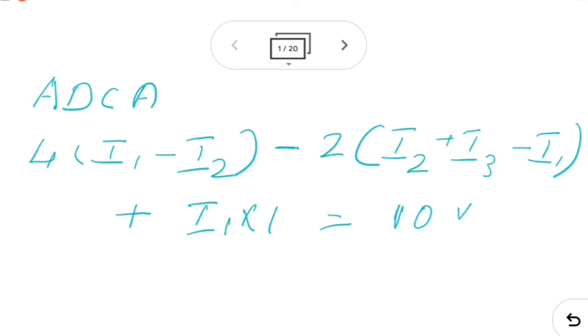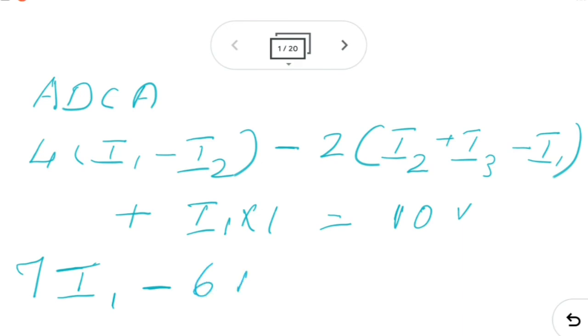Now you can simplify this equation. Write the I1 terms together and the I2 terms together. So here we have 4I1, then minus of minus plus 2I1, so we have 6I1 plus I1, it is 7I1. So 7I1, then minus 4I2 minus 2I2, that is minus 6I2.